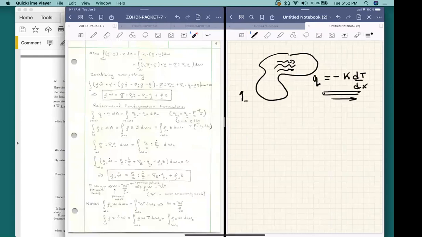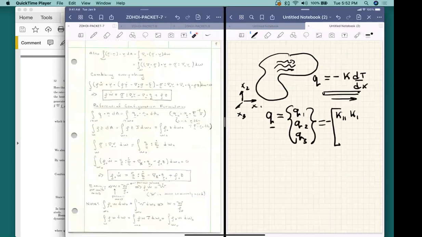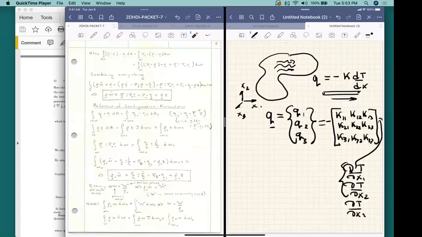The 3D version of this, which I'll draw a little coordinate system for here now, X1, X2, X3, is that the heat flow vector, which is Q1, Q2, Q3, is equal to a matrix of constants, K11, K12, K13, K21, K22, K23, K31, K32, K33, multiplied times the gradient of the temperature, which in this case is going to be the partial derivative of the temperature with respect to X1, the partial derivative of the temperature with respect to X2, and the partial derivative of the temperature with respect to X3.